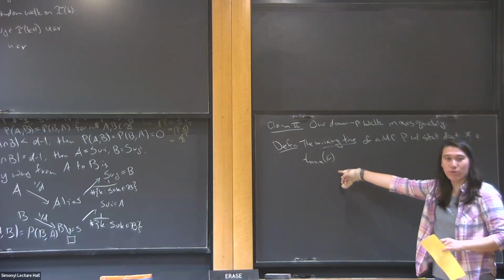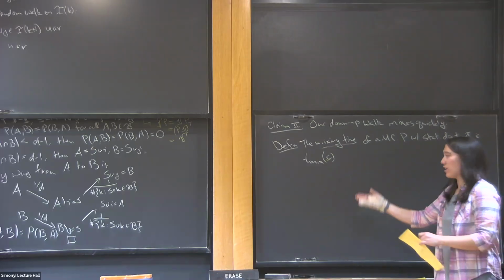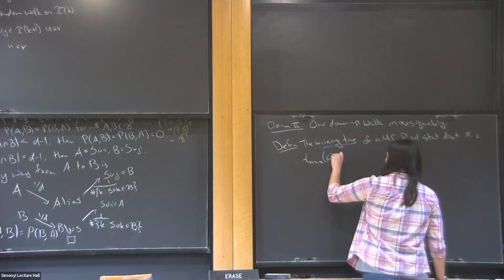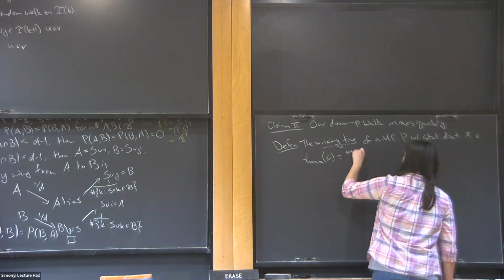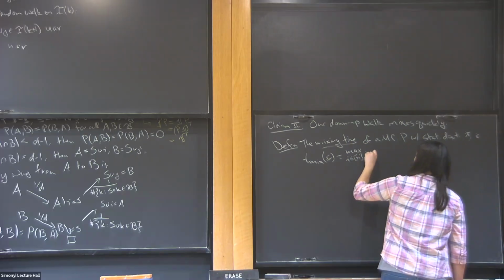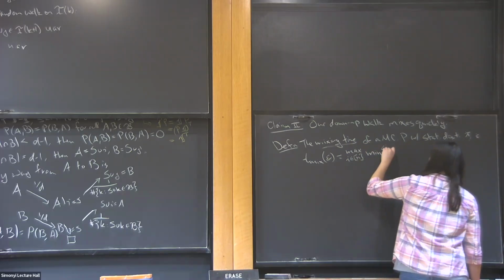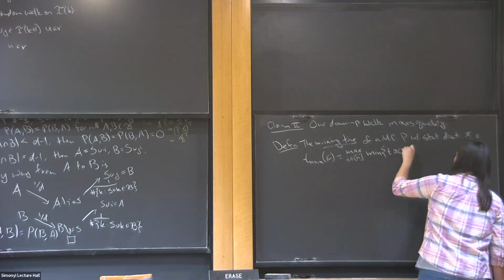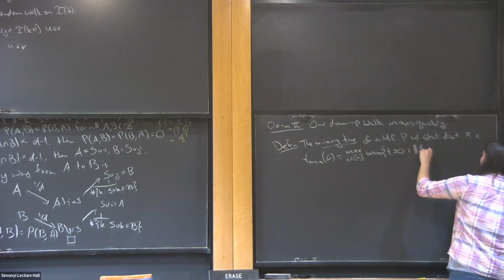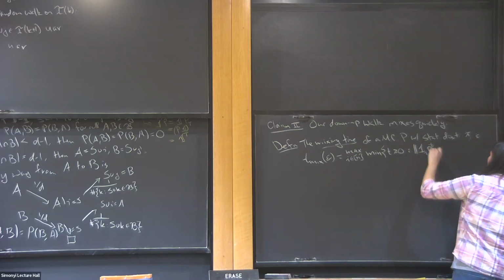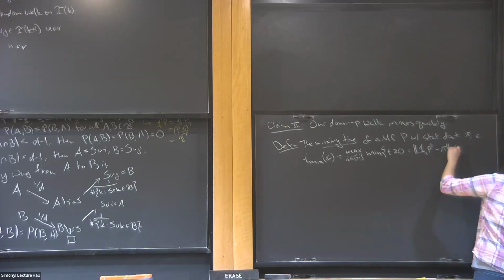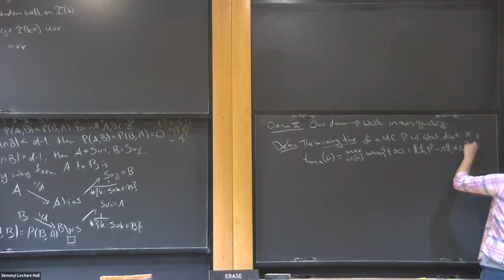I decide how well mixed I want to be, and then this tells me how long it takes to get there. So this is the maximum over all states of the minimum time t such that if I start at state i and take t steps, then I am very, very close to my stationary distribution.